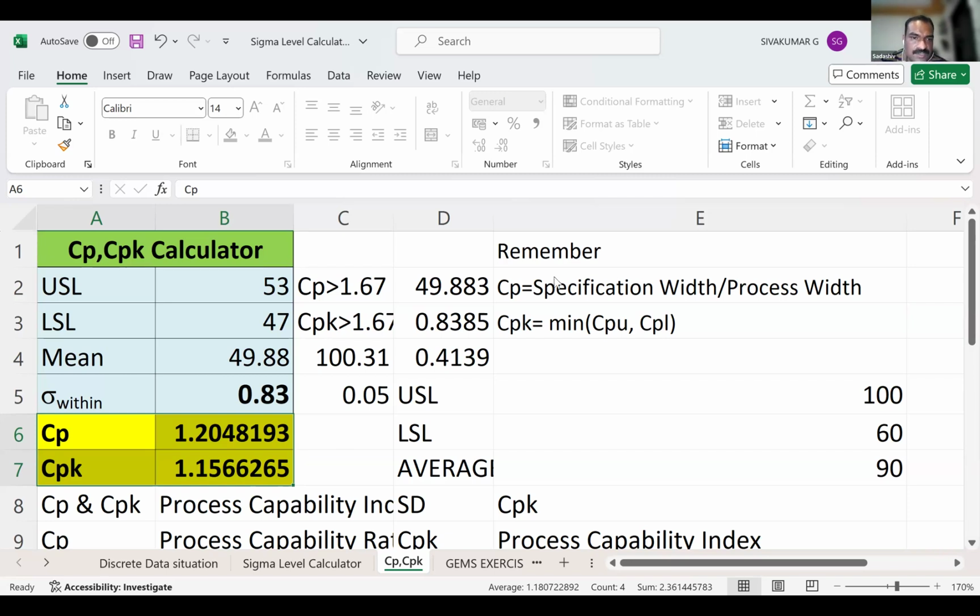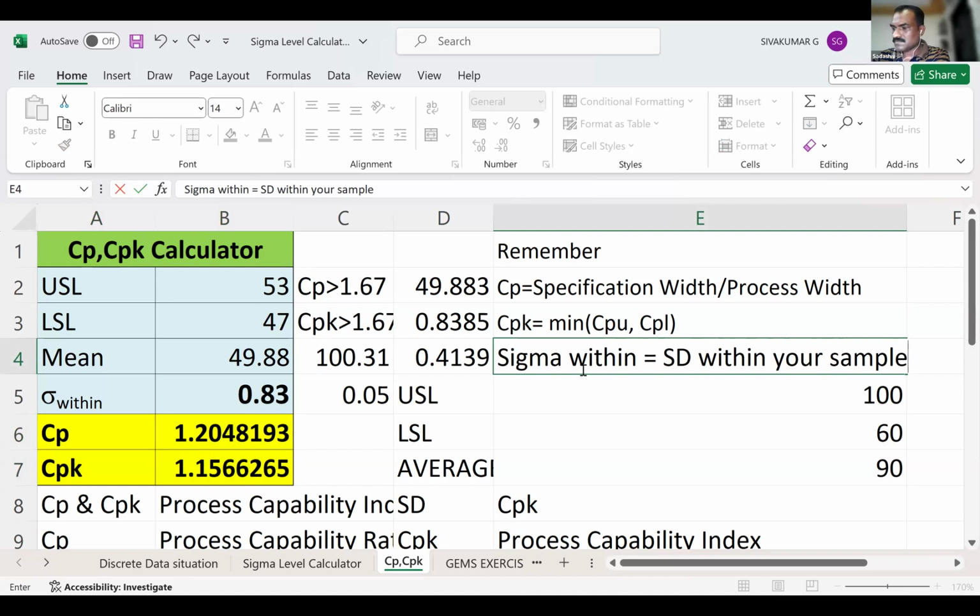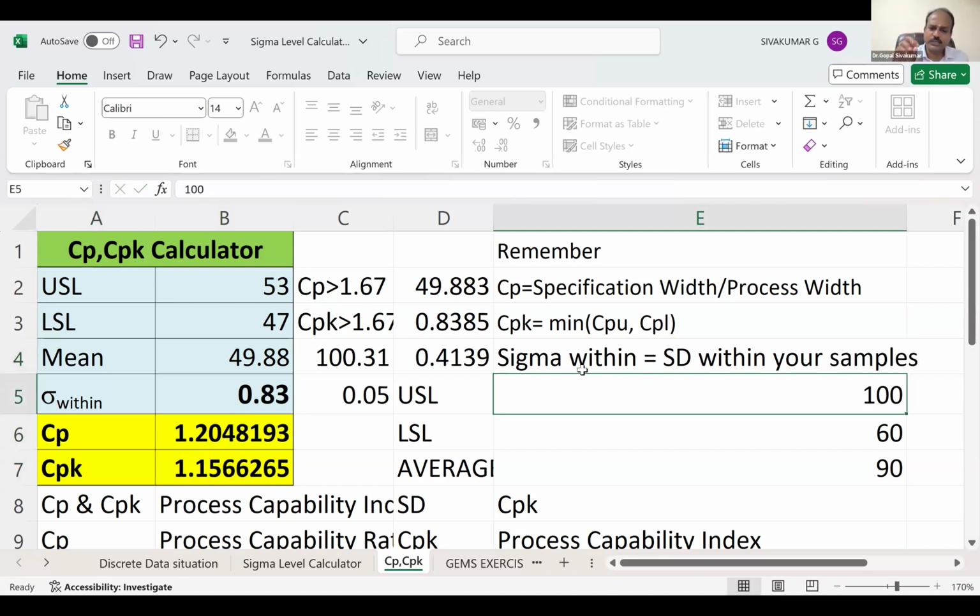0.83 means. Yeah, sigma within. See, sigma within is nothing but the standard deviation within your samples. Let us say your sample size is 20. Will there be a variation within the 20 samples?